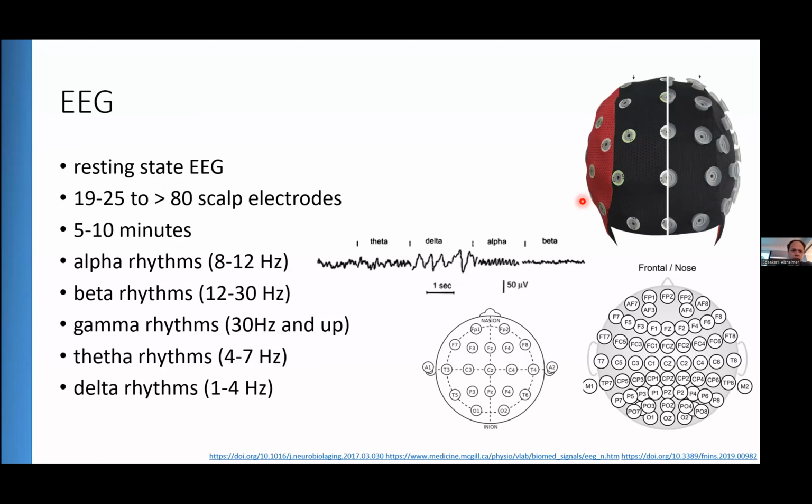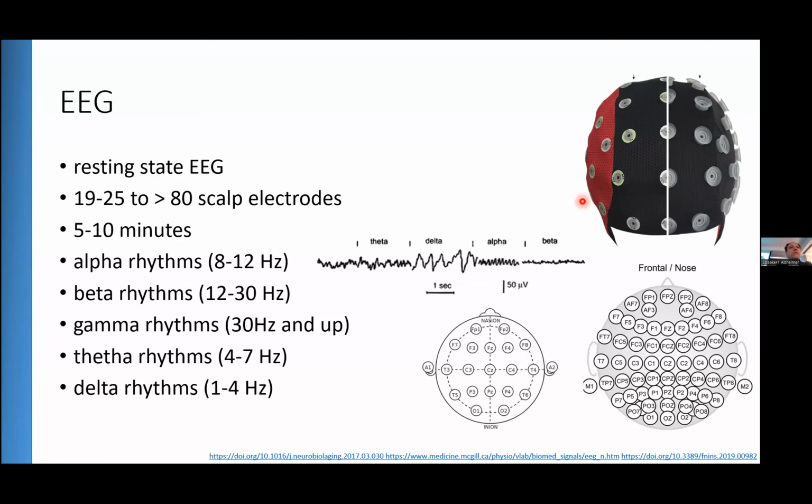So what can we do with the EEG? First of all, patients can have their resting state EEG. What does this mean? Patients are lying still for 5 minutes with open eyes, and then for another 5 minutes with closed eyes, or they can lie longer.